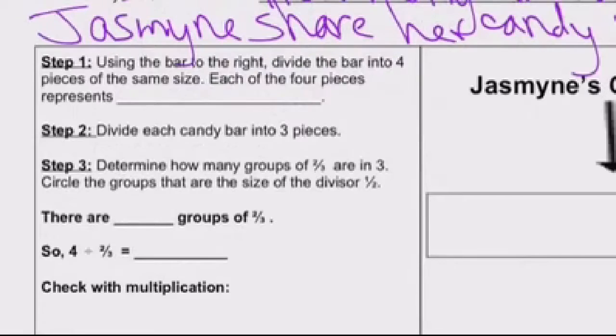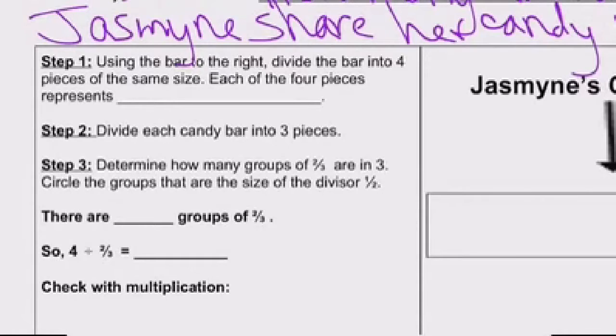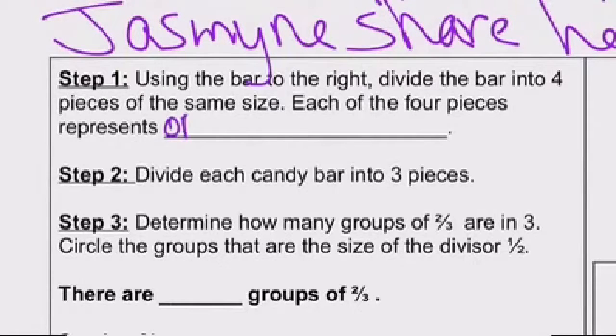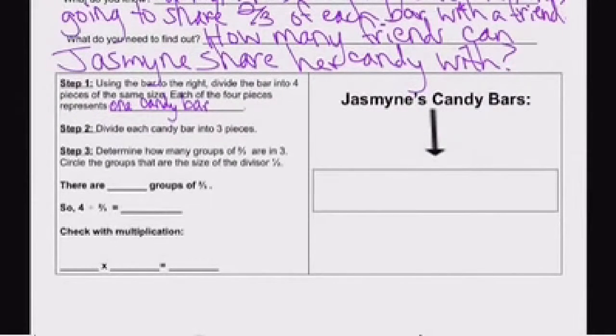So step 1 says, using the bar to the right, divide the bar into 4 pieces of the same size. Each of the 4 pieces represents 1 candy bar. Okay. Cut this into 4 pieces.